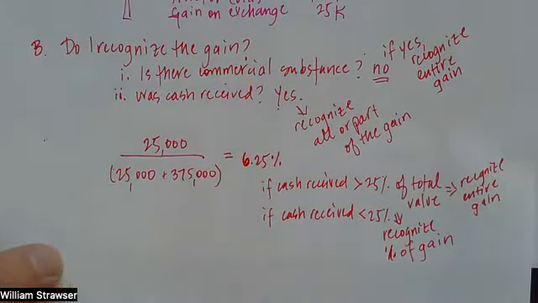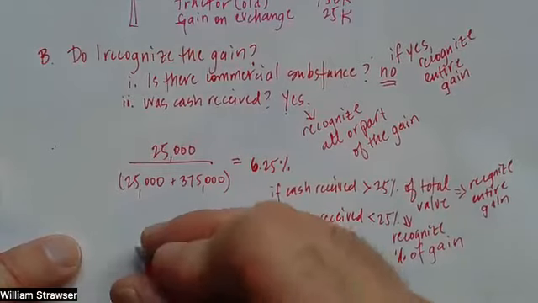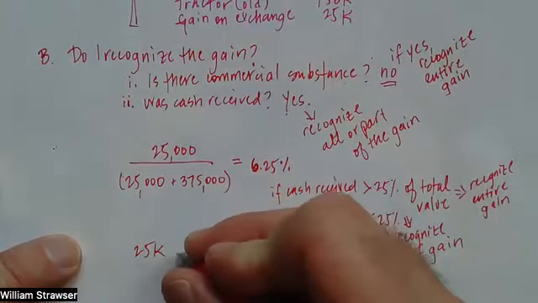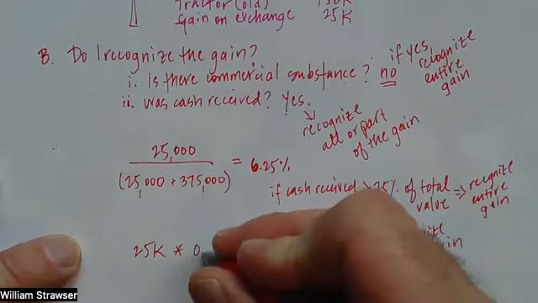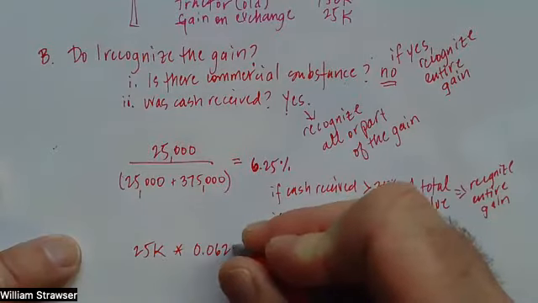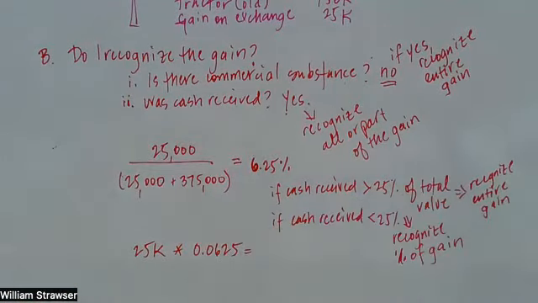In that case, I take the 25,000 and multiply it by 0.0625 to figure out the amount of the gain that I can recognize in dollars.